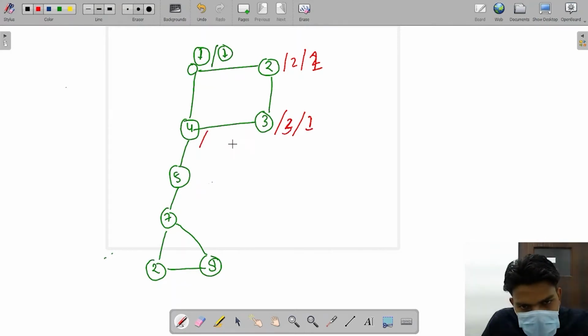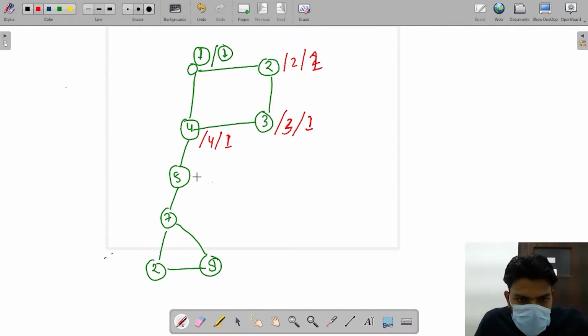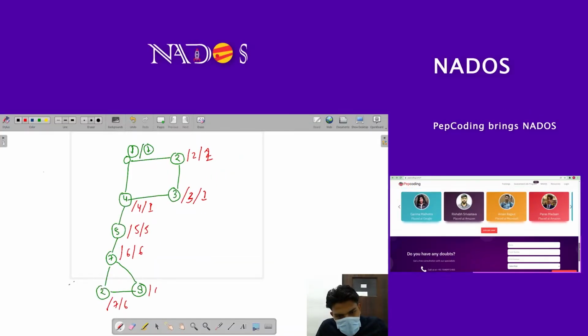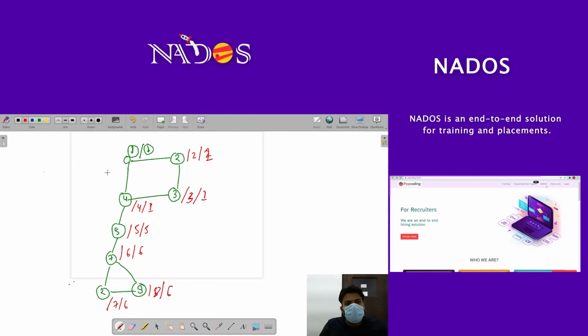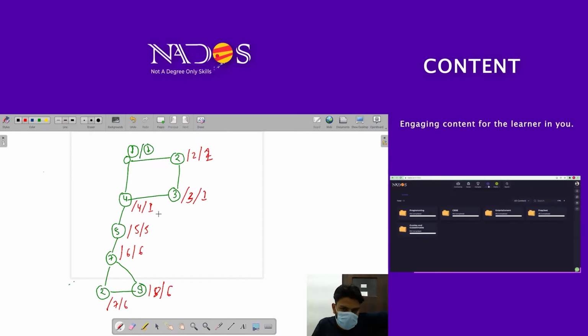Discovered value is 3 and discovered value is 4, but the updated low value is 1. Discovered value is 5 and low value is 5, discovered value is 6 and low value is 6. Discovered value is 7 and low value is 6, and discovered value is 6 and low value is 6. Sorry, discovered value is 8. Previously what I wrote, you just copy it and find out here.